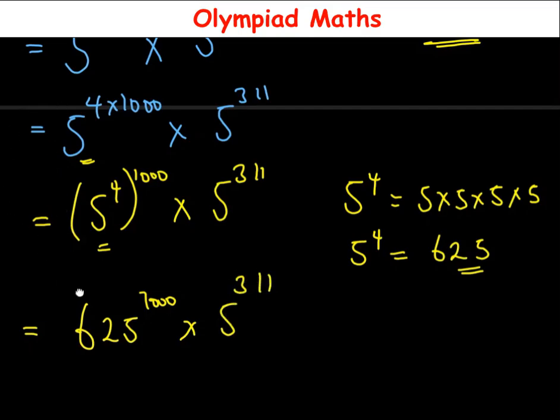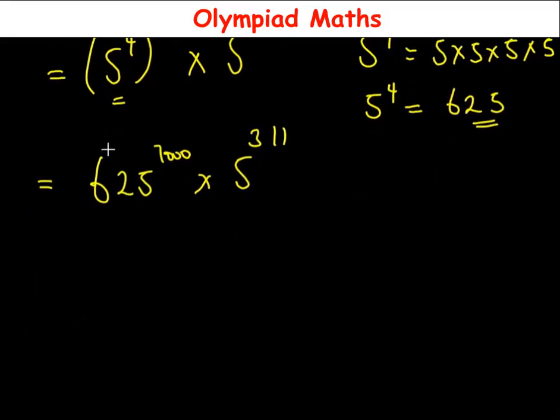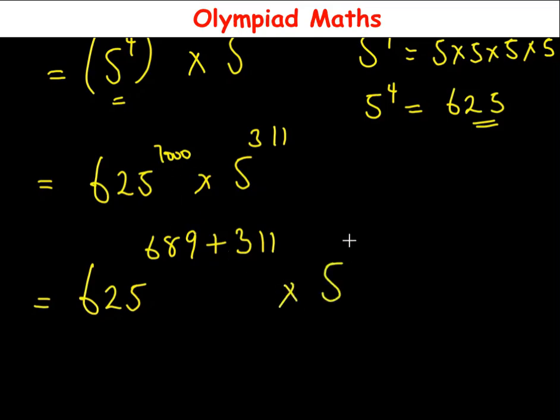From here, simplifying this further, we can express 1000 as 689 plus 311. So 625 raised to power 689 plus 311. If you add this, we'll get back 1000. Then times 5 raised to power 311.